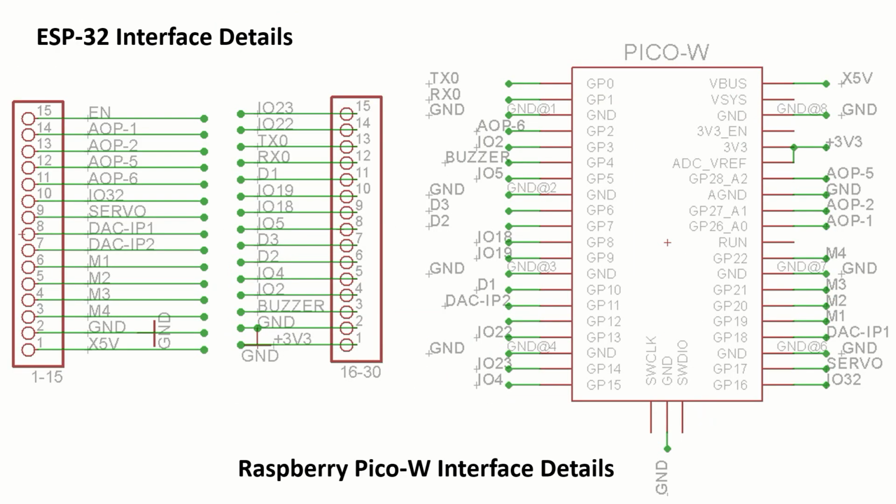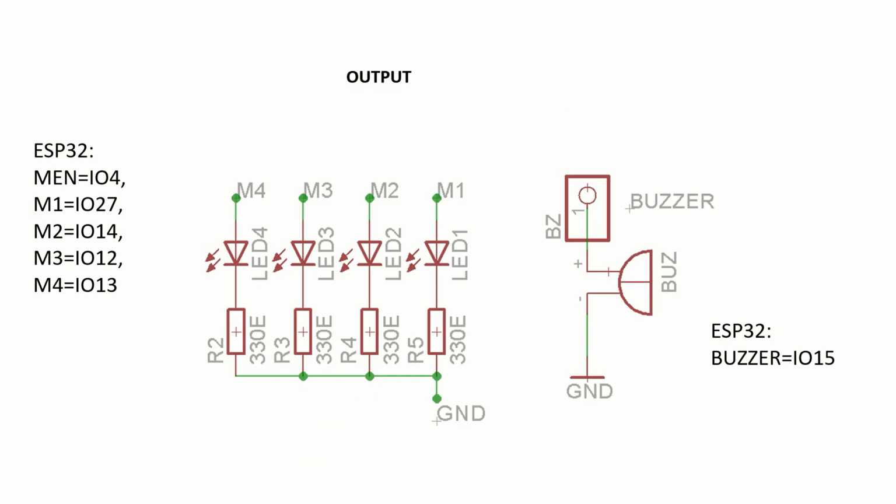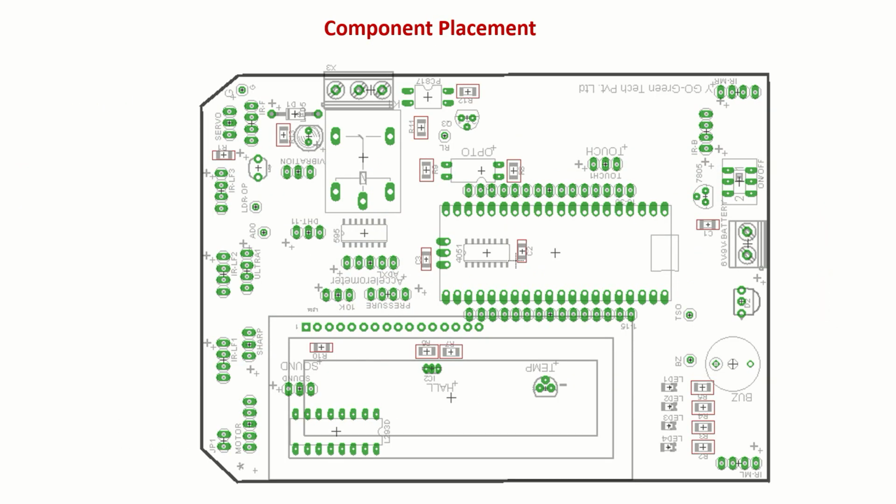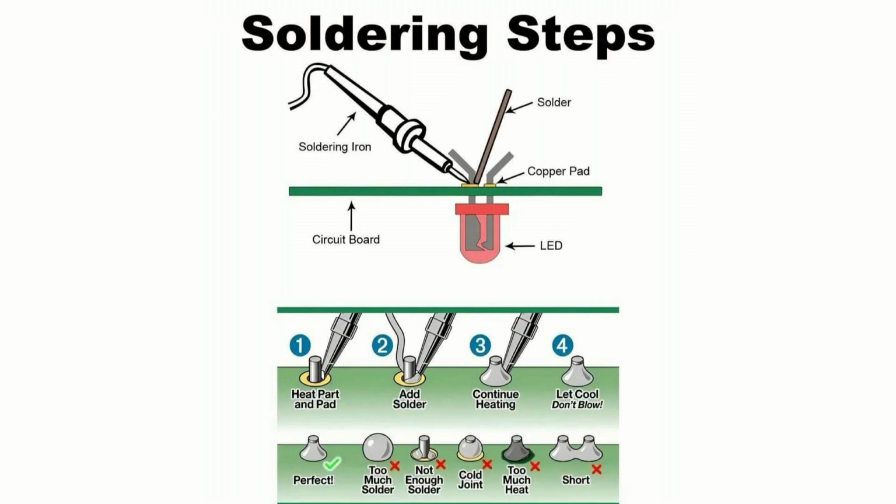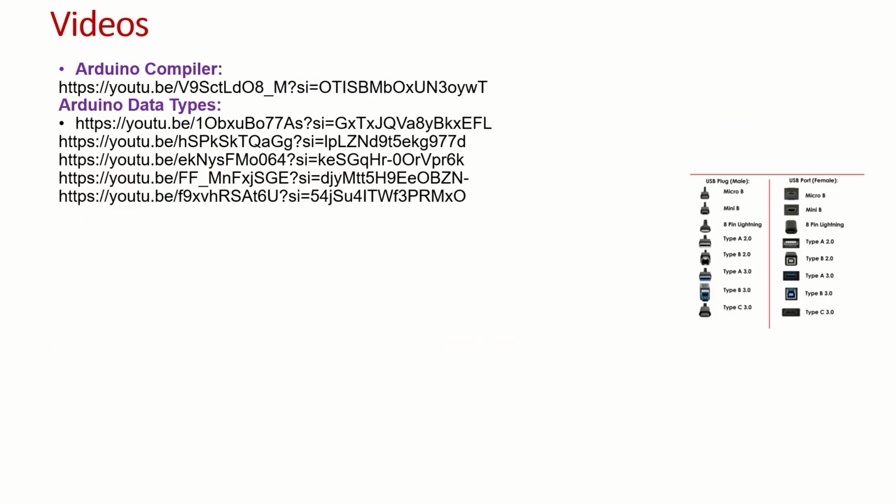Those sessions I have recorded earlier. So I suggest you go through these videos about the Arduino compiler, Arduino data types, and the syntax of the compiler itself, like operators, conditional statements, and so on. But do not simulate this.